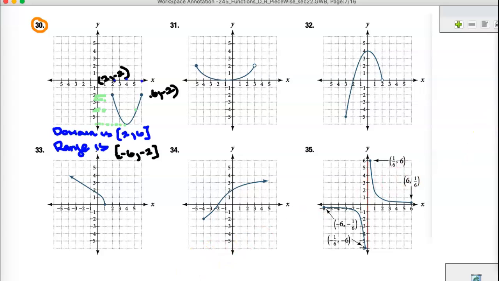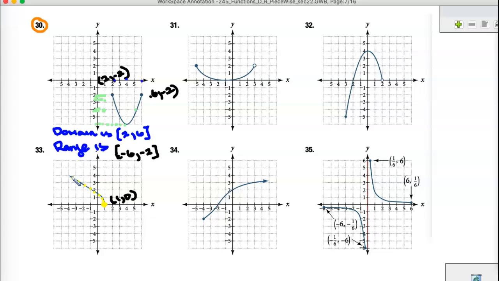If you take a look at problem number 33, now look at this point. What is that ordered pair? Well, that ordered pair is 1, 0. Now you're interested in what value of x is on that point, that point, that point.